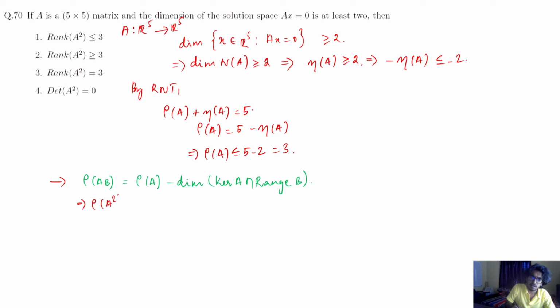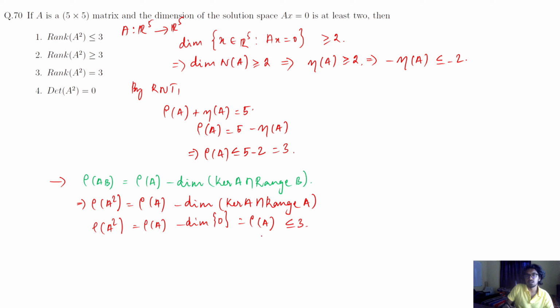So rank of A squared is rank of A minus dimension of kernel of A intersection range of A. And when the linear transformation is defined from a finite dimensional vector space to a finite dimensional vector space, in that case kernel and range will have only 0 in the intersection. Therefore, rank of A squared is rank of A minus dimension of the set {0}, which is simply rank of A minus 0, which is smaller than or equal to 3. Therefore, rank of A squared is smaller than or equal to 3.